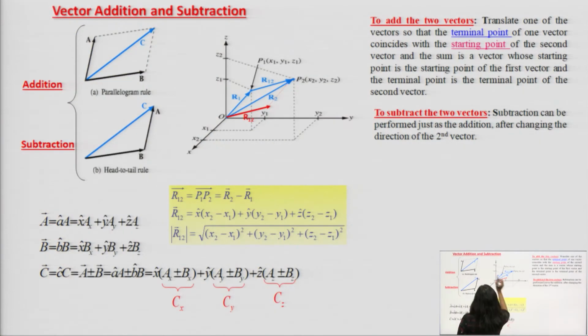So here is the vector addition and subtraction. There are two vectors given, vector A and vector B. To add two vectors, we need to translate one of the vectors so that the terminal point of one vector coincides with the starting point of the second vector, and the sum is the vector from the starting point of the first vector to the terminal point of the second vector.